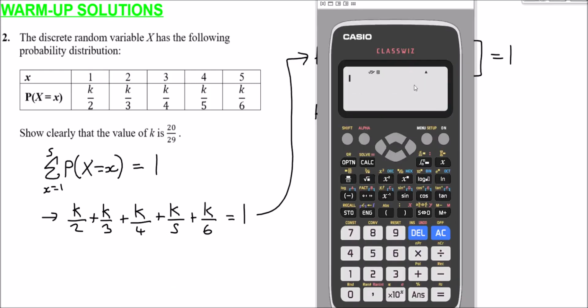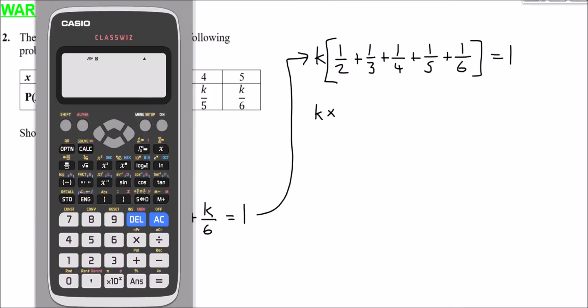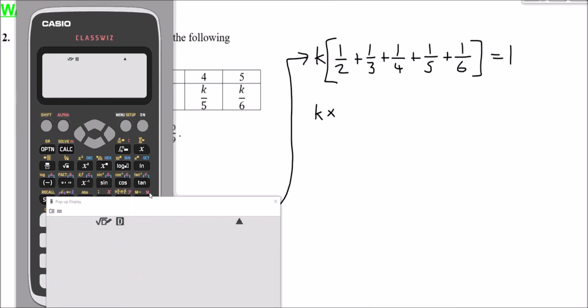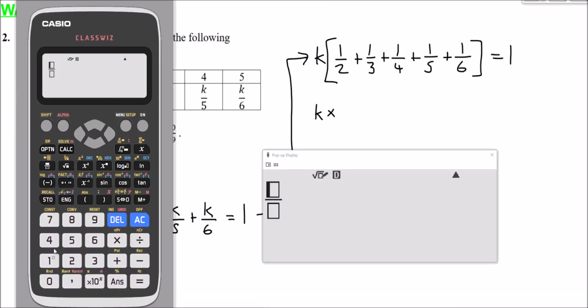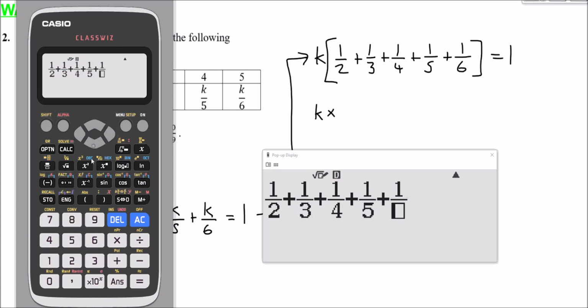So let's just do this here now. 1/2 plus 1/3 plus 1/4 plus 1/5 plus 1/6. We get 29 over 20.